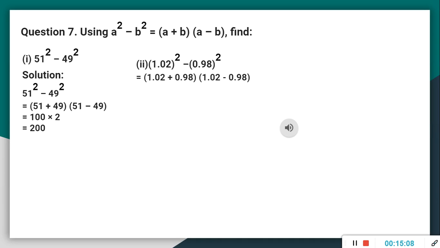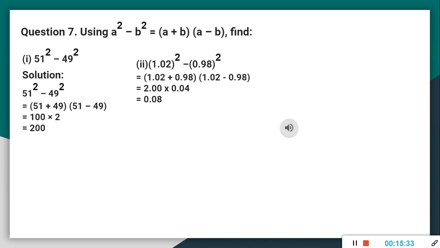If we add 1.02 plus 0.98, we will get 2, into 1.02 minus 0.98, that is equal to 0.04. Now you can multiply 2 into 0.04. So 2 4s are 8. Putting decimal, 0.08. So the answer of 1.02 whole square minus 0.98 whole square is equal to 0.08.